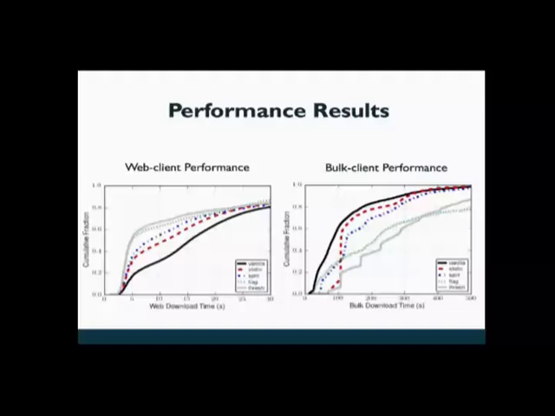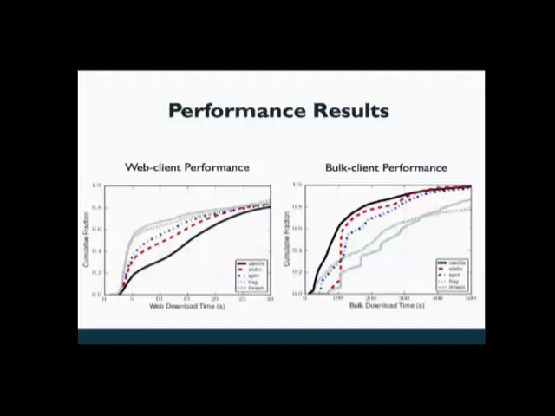Once you find the setting for your particular network, it seems to perform okay, as we can see in these graphs for web client performance. But as the network load changes, as the network dynamics change, you have to readjust those settings, whereas our other adaptive algorithms essentially adjust themselves as the network changes.